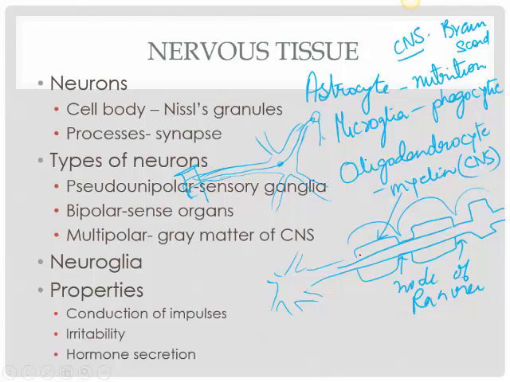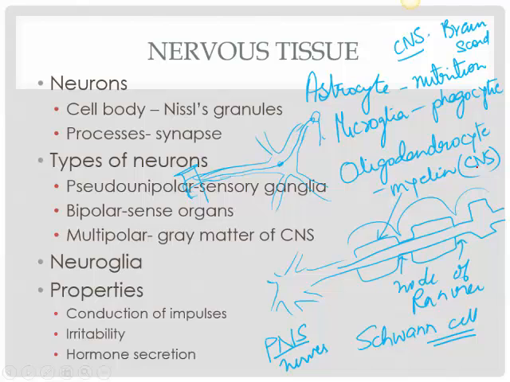And the oligodendrocyte is the one which lays down this myelin. In the peripheral nervous system, which is not the brain and spinal cord, where the nerves are, this myelin is laid down by another cell called the Schwann cell. So here is a difference. Wherever there is a difference like this, you must know.